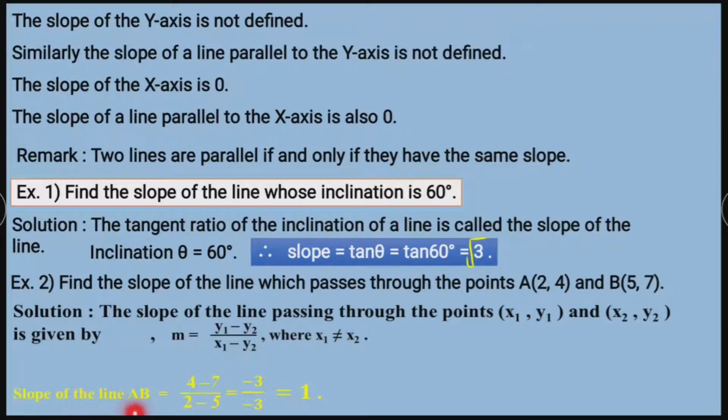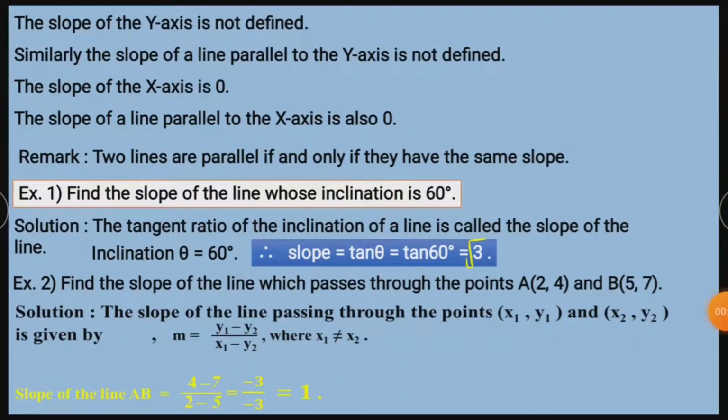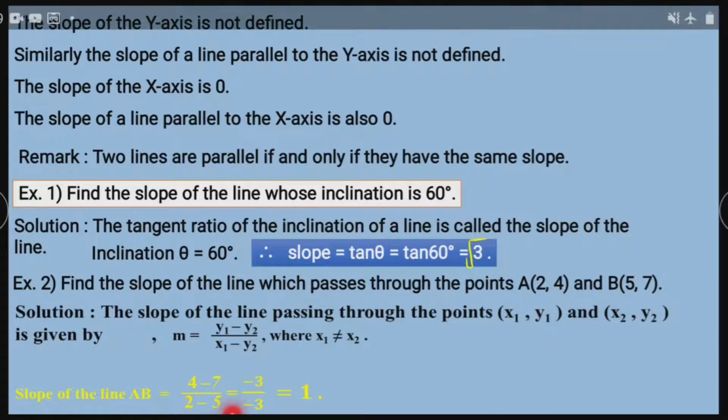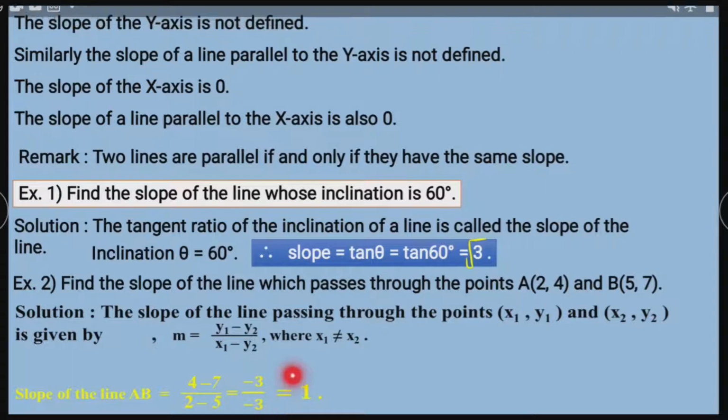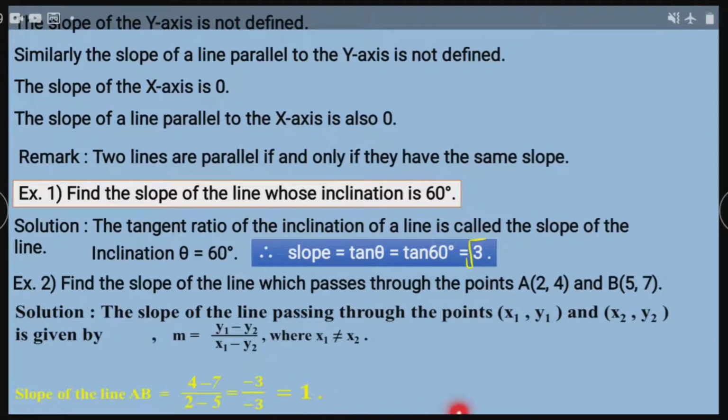So slope of line AB equals 4 minus 7, that is y1 minus y2, where y1 is 4 and y2 is 7, upon x1 minus x2, where x1 is 2 and x2 is 5, so 2 minus 5. 4 minus 7 we get minus 3, 2 minus 5 we get minus 3. So minus 3 upon minus 3, which we get 1.